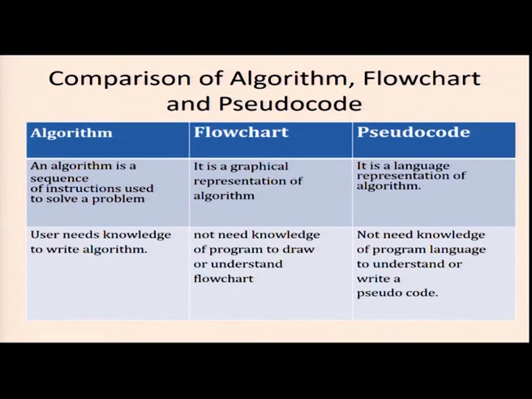Knowledge of flowcharts is essential, but knowledge of a programming language to draw a flowchart is not required. Next is pseudocode. In the case of pseudocode, knowledge of a programming language is not so required to understand or write a pseudocode. When you write a pseudocode, it is only a false code, so understanding of a programming language is not required.